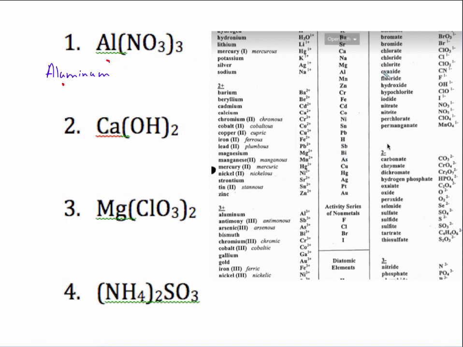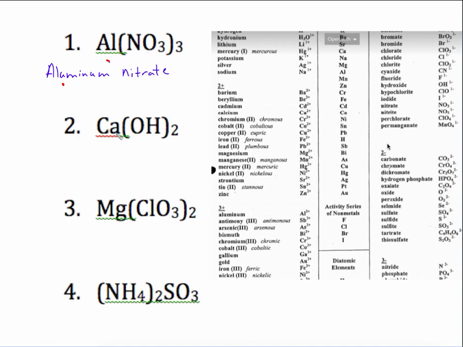So then you find nitrate, which is NO3. You've got to find NO3, it's right there. That's called nitrate. So you just write aluminum nitrate. That's it. The name of the positive ion, the name of the negative ion. That's all you got to do.